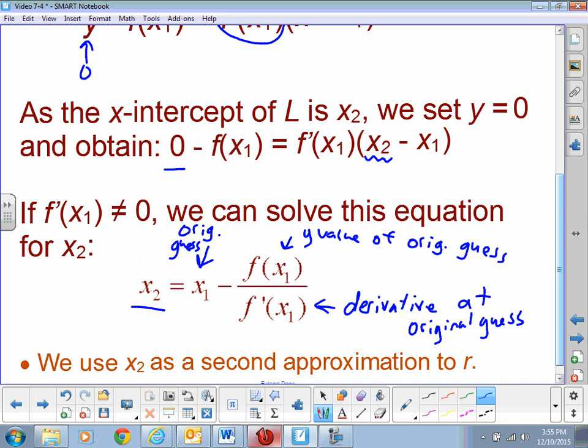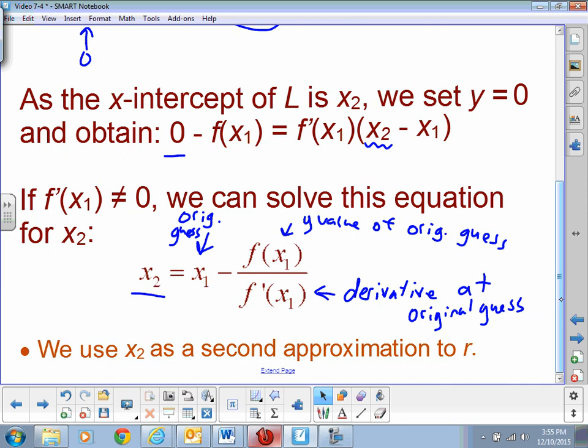Another way of saying derivative is it's the slope at that initial guess on our actual curve. And then that can give us our second approximation.